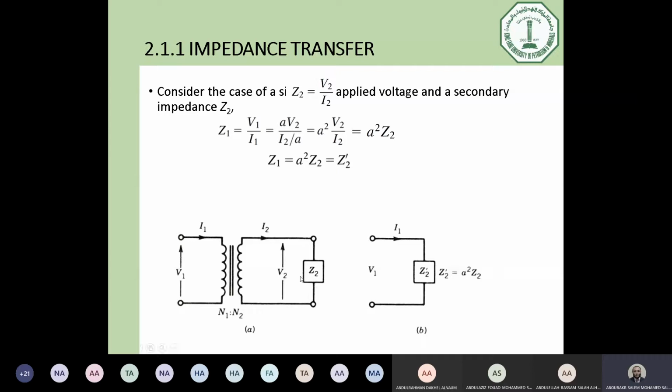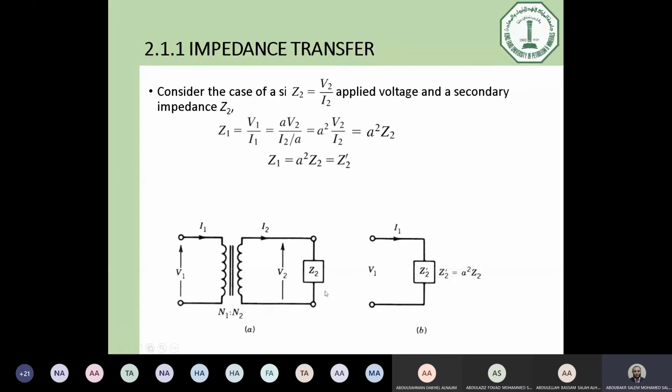Is the value of Z2 going to have the same effect on the circuit if we move Z2 to the primary side? No, doctor, it should not. It will be different, is it right? Yes. Because as you see, I2 is different from I1 because we have turns ratio N1 over N2. So it's expected also to have different impedance value.